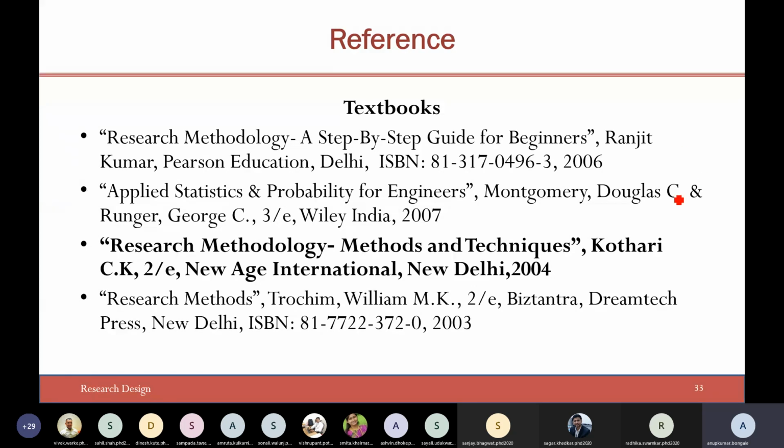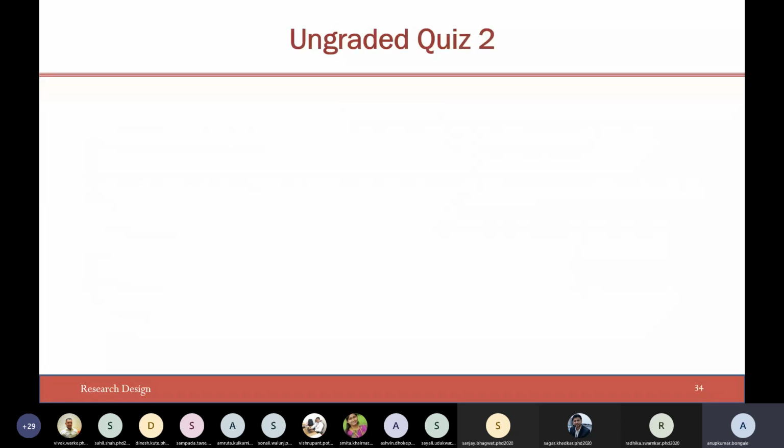The majority of the things are taken from this particular textbook, Research Methodology, Methods and Techniques by Kothari C.K. You can also refer to this textbook, chapter 2, and additional things, whichever have been taken from the internet, I have quoted there itself as a courtesy. You can refer to that also.